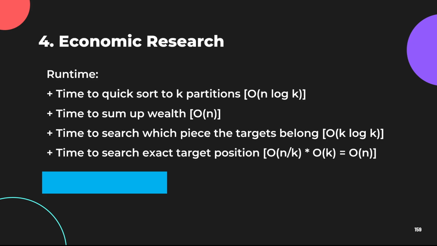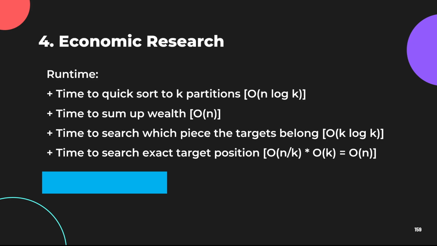And finally, to actually find the exact target position, if we assume that our partition is already balanced because of the randomized pivot, then we will have n over k, n over k, n over k, n over k. Now inside this, to find the target position, we just traverse the n over k, and that is repeated for k breakpoints.